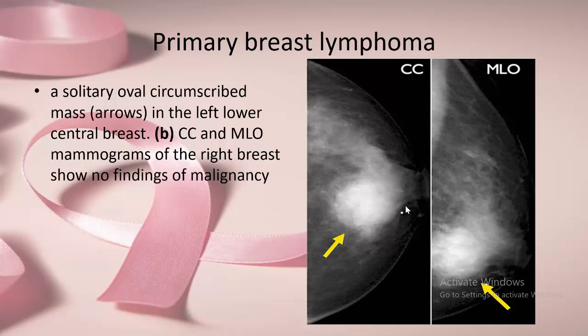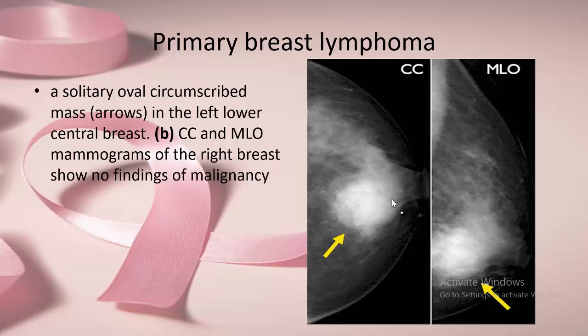Some of you will ask me how to know that it is breast lymphoma. In primary breast lymphoma, usually the diagnosis is by pathology. Because it is rare, you usually describe this as a BI-RADS 4 lesion with indistinct borders in part.